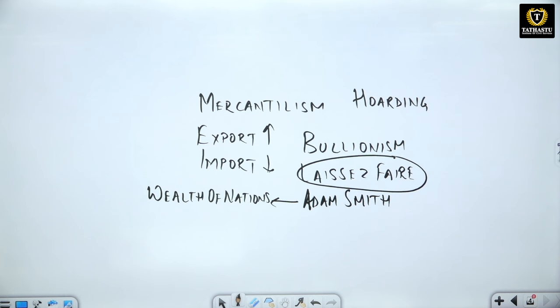laissez-faire. You will be writing this in mains answers, very important one.